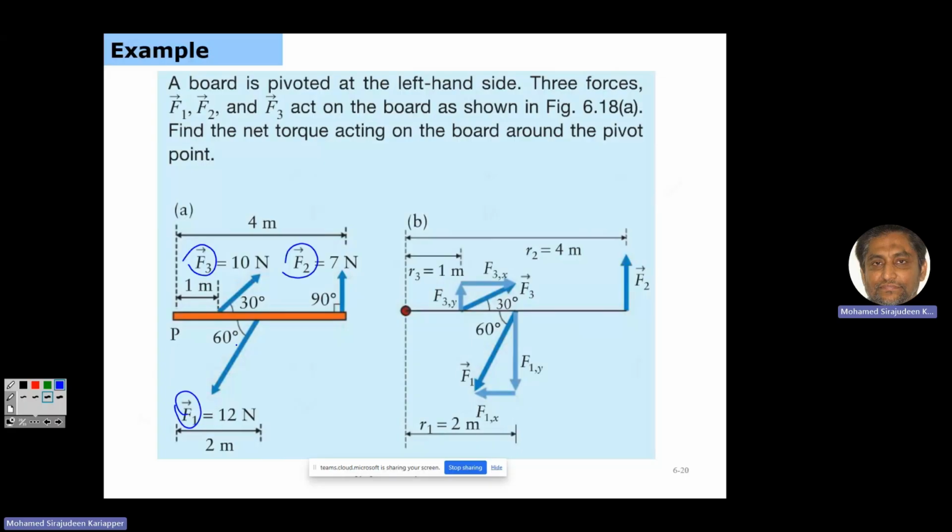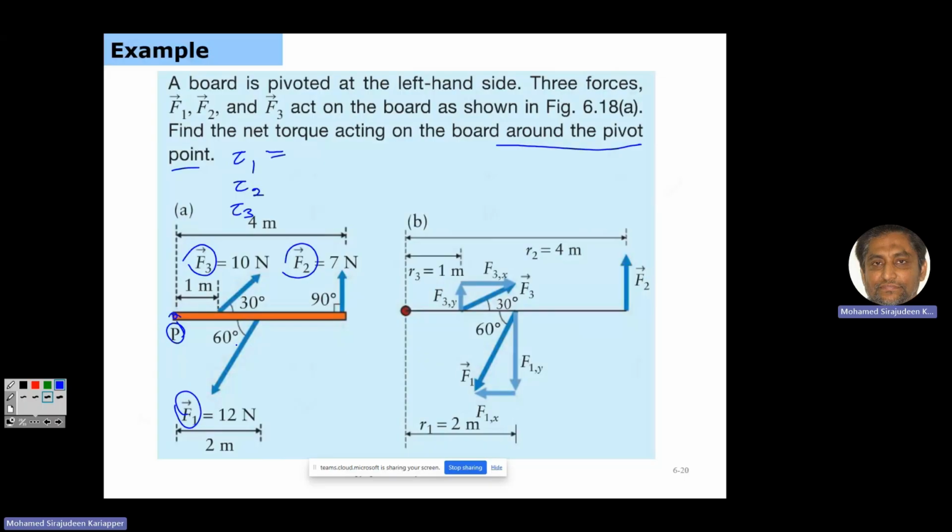You have to find the torque from force 1, the torque from force 2 and the torque from force 3 about, and that is important, the pivot point. I need the torque about the point P. If you don't mention that, you cannot answer the question. One should mention about which point. So here he's telling about P. That's not difficult, right?